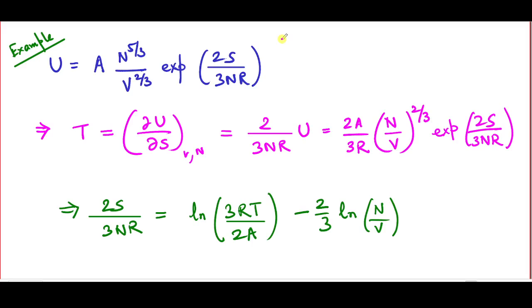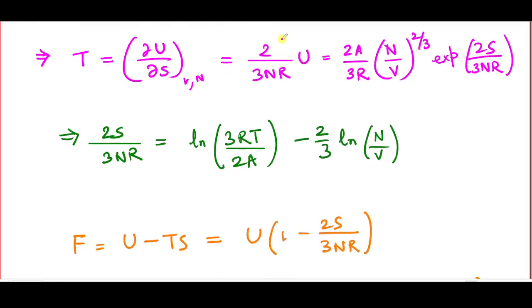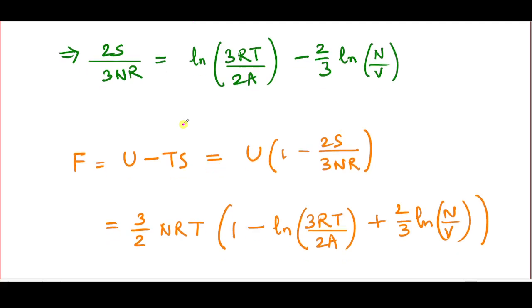Now this immediately tells us that the free energy F, which is U minus TS, can be written down as U minus 2 by 3 nR times U times S. So we have taken the U common here. And 2S by 3nR is this quantity which we need to now substitute. So we get F is U into 1 minus this whole thing.